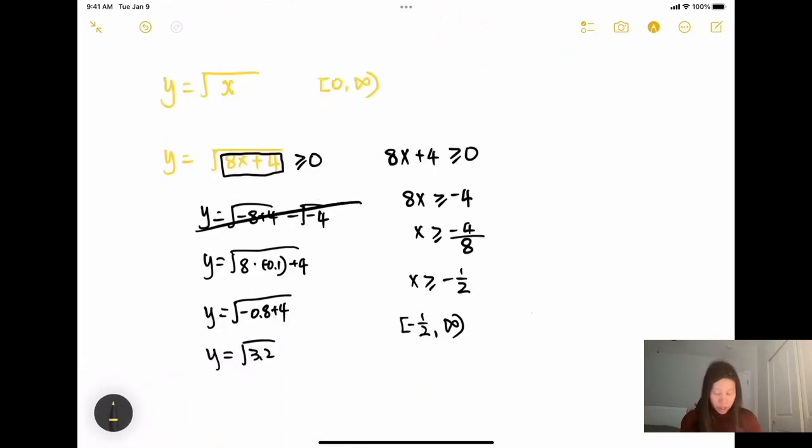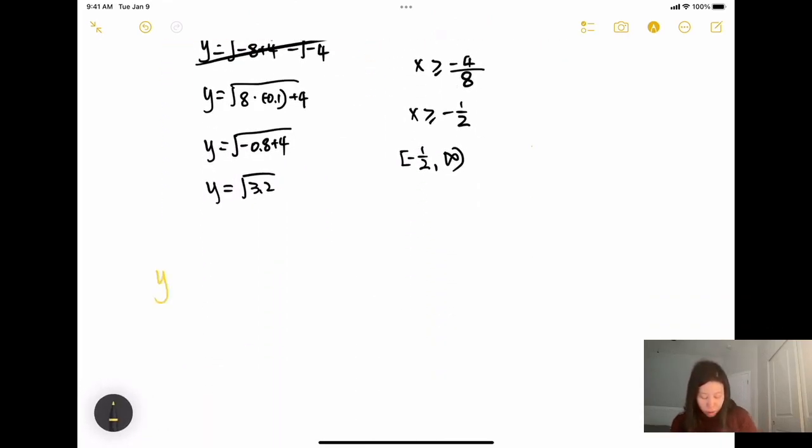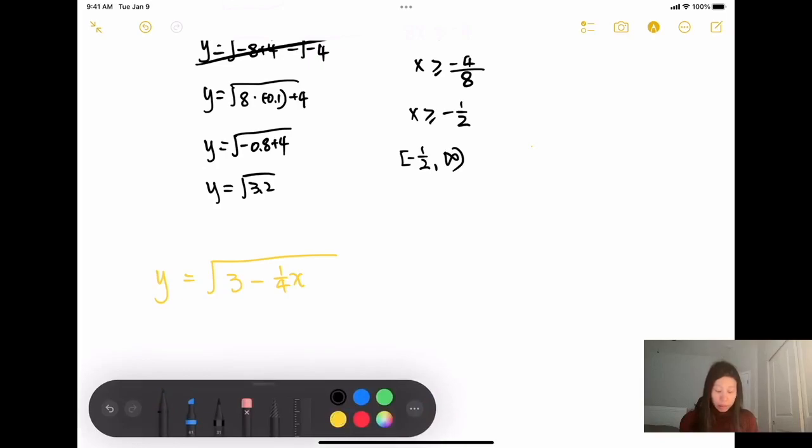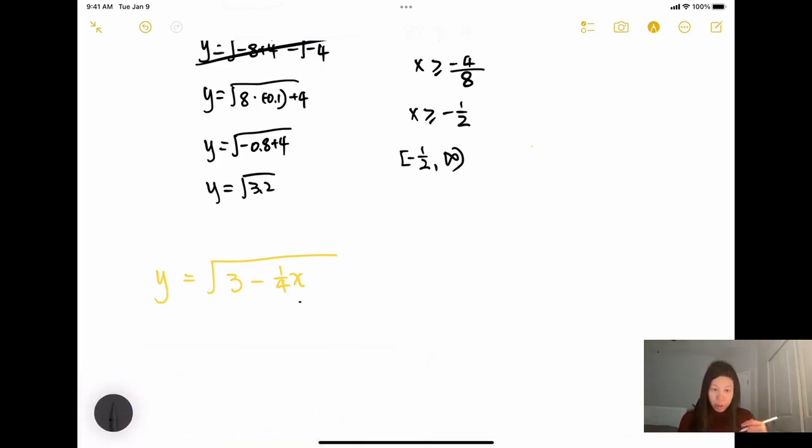So now let's try another example. What if y equals the square root of 3 minus 1/4 x? How do you do this one? This is similar to what we did earlier. When we look at a square root, all we need to consider is that everything under the square root has to be greater than or equal to 0.